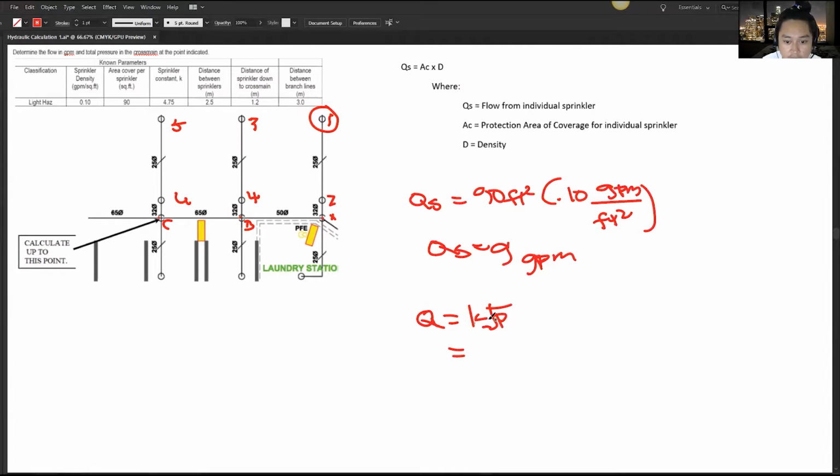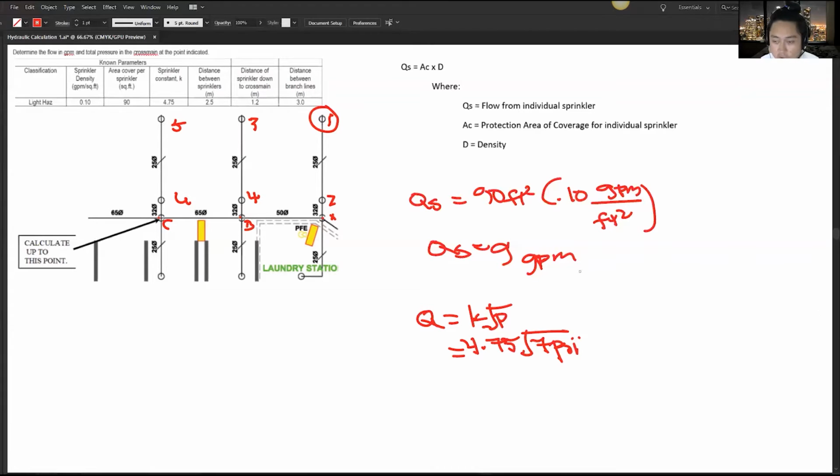We're already provided with the K, the sprinkler constant, which is 4.75. Multiply that by the square root of 7 psi. This equation gives us a flow rate in GPM if the pressure is in psi.